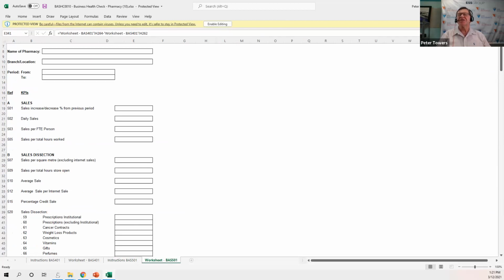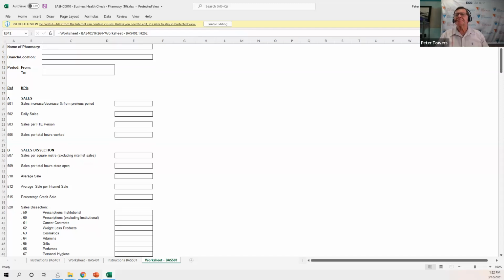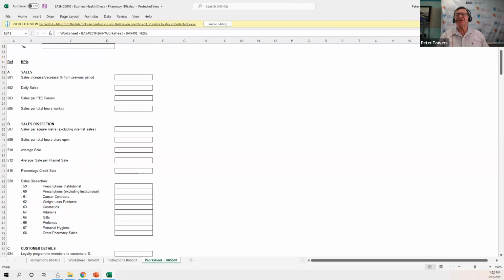Now, this information should then be compared to what's happened in other periods. And that's when it really starts meaning something. The sales dissection, sales per square meter. On its own, probably doesn't mean anything, but compared to previous periods, it might.